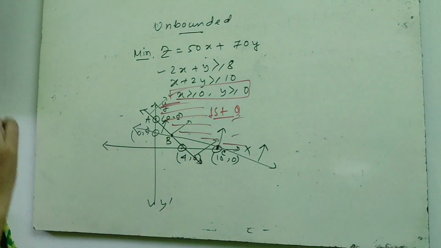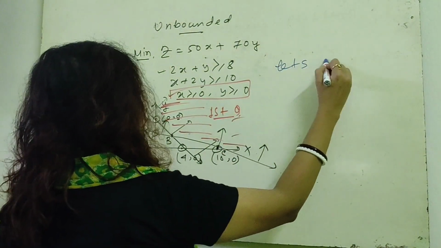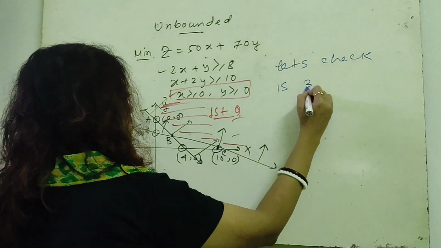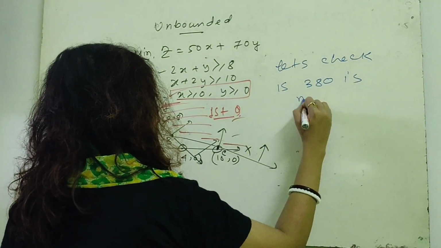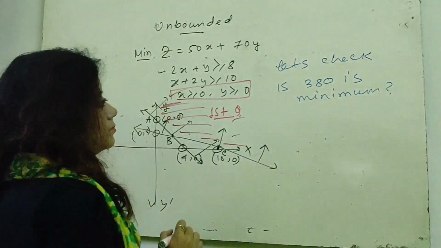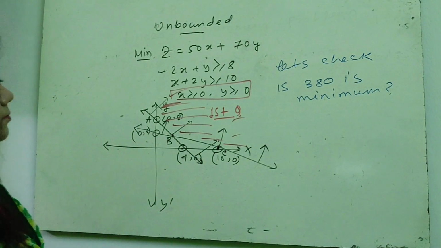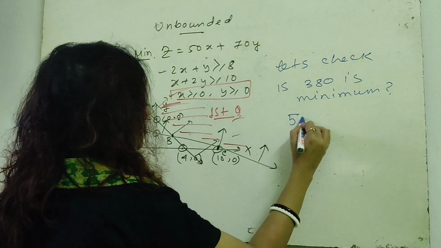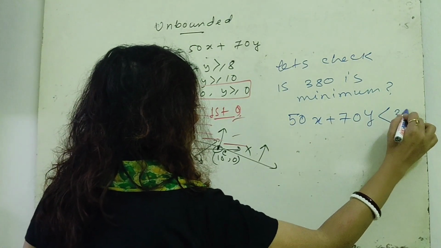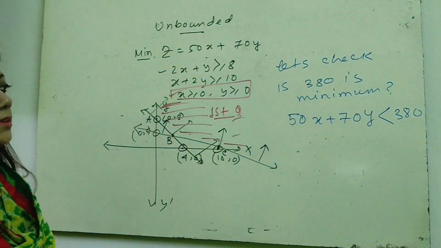Let's check one thing. Let's check that 380 is minimum. Let's draw this graph: 50x plus 70y less than 380.